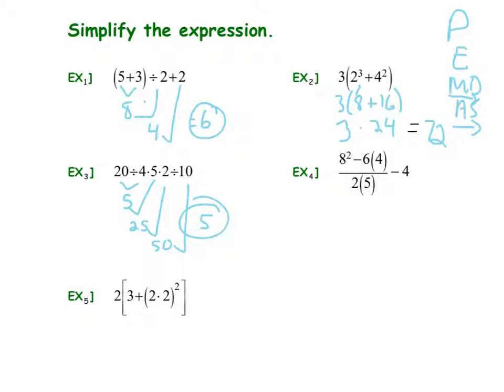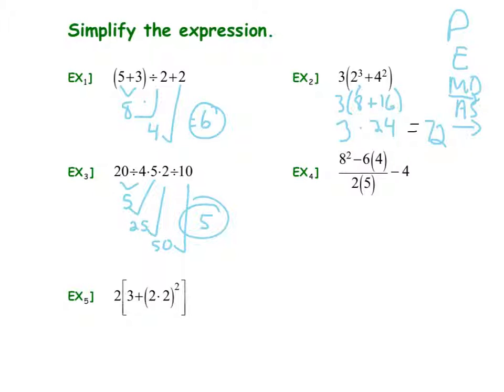All right, example 4. Here you can see we have a fraction bar here. So we have a fraction, and that tells me that I have to do the top part first, and then I'll do the bottom, and then I'm going to divide the top by the bottom at the end, and then subtract 4. So let's start with the top. So I have parentheses here in this particular problem.